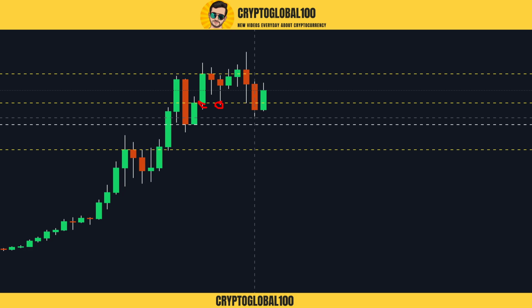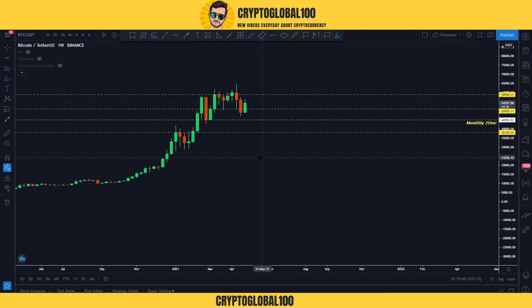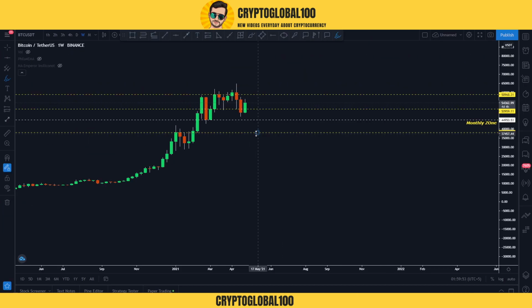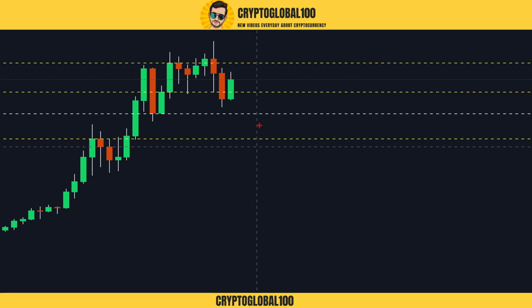If you look here, you see 3 rejections from this area on the weekly, and 1, 2 from this area, and multiple rejections from this area. So in the coming weeks we might expect this to go to 38,000 if the selling volume is good, but let's hope that's not going to happen right now.